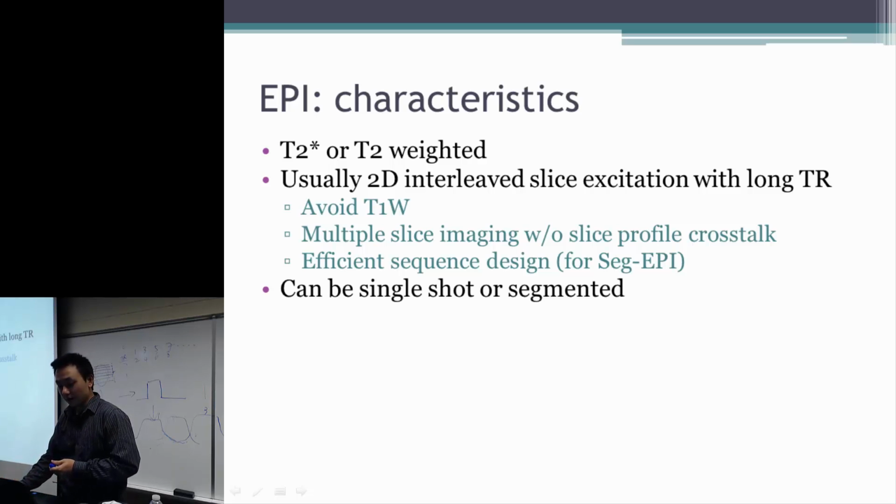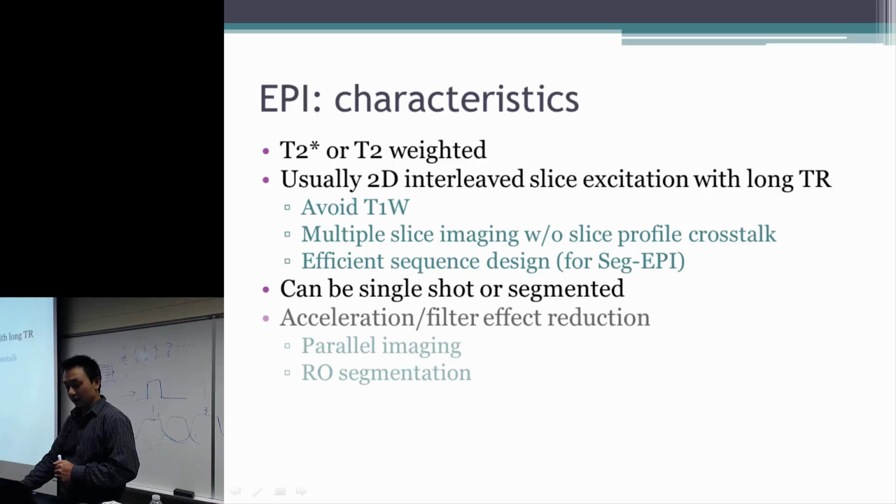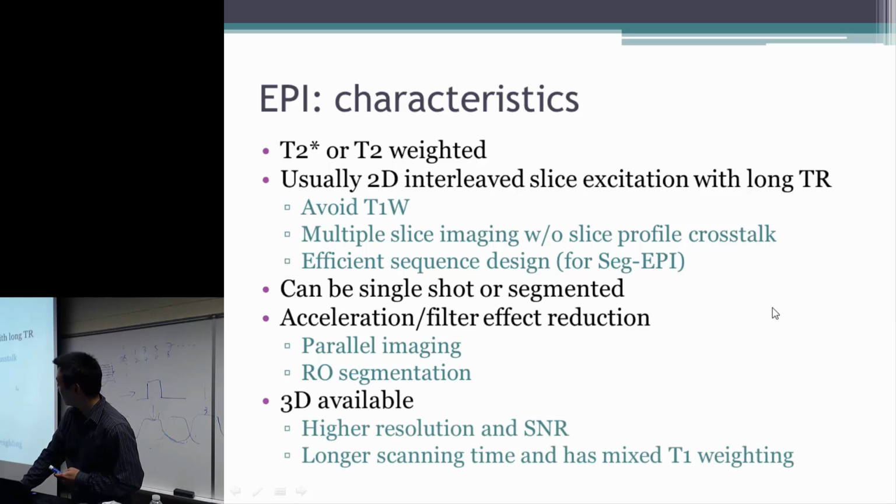It can also give us some efficient sequence design for segmented EPIs. EPI itself can be single shot or segmented. EPI is also compatible with the acceleration methods that we mentioned before, including parallel imaging and the readout segmentation method.